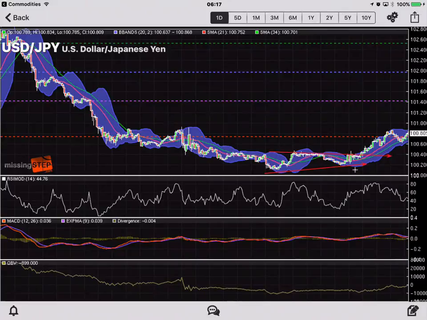Any pullback I'm interested in buying, and then place a buy stop above it, and then move your stops up. Beautiful.